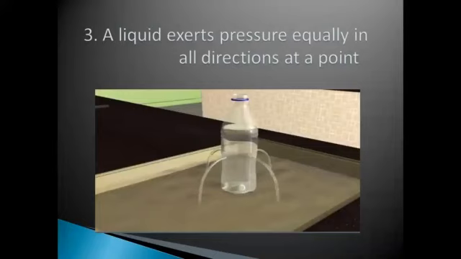Third one, a liquid exerts pressure equally in all directions at a point. So just take a bottle and at the same horizontal plane make some holes, and pour water into the bottle, and the water comes out from the bottle with the same pressure.